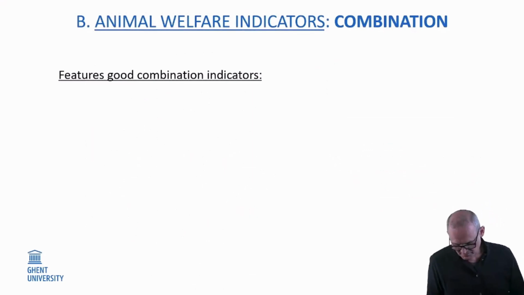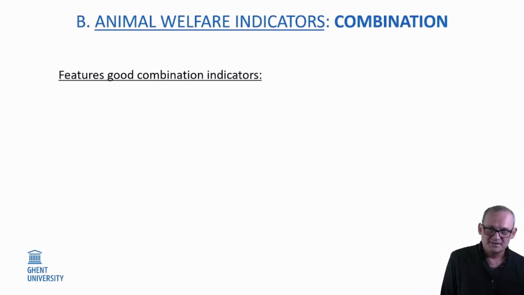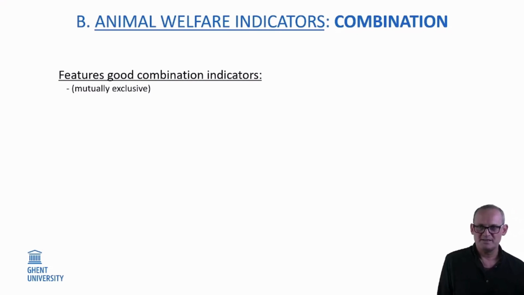The next question I come to: we've covered what the essential requirements are for a good welfare indicator. The second question is, what is a good combination of welfare indicators? One of the things we want to exclude, for example, is indicators that measure more or less the same thing, because then we are doing double work. So we preferably have indicators that are mutually exclusive, that measure different things.